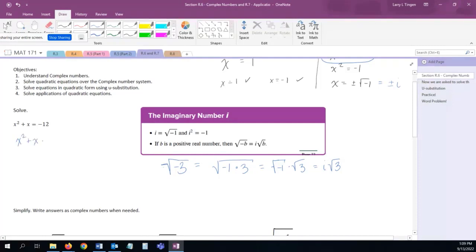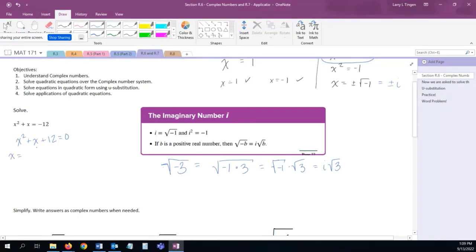Well, first, it's a quadratic. And remember, to solve a quadratic, I'm going to get everything on one side and see if I can factor it. Two numbers that multiply to 12 and add to 1. You already know we're out of luck there. So we have to use the quadratic formula.